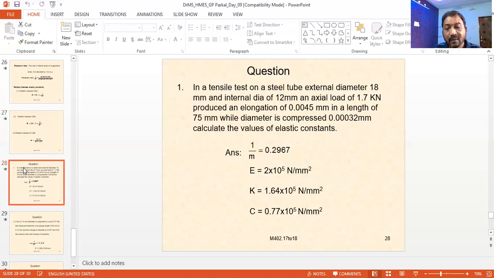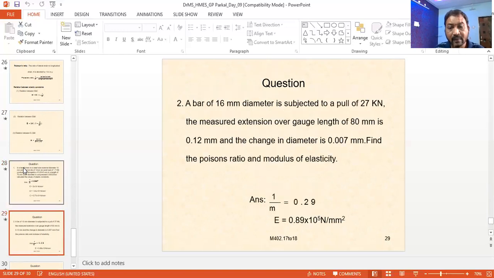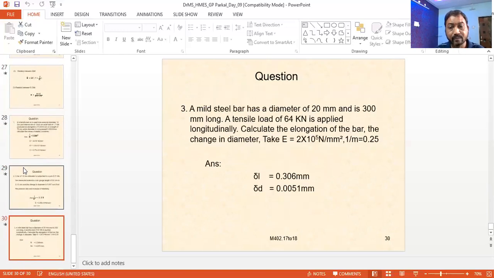Next, like this we can solve some of the exercise problems, and this is one of the exercise problems and this is the other exercise problem.